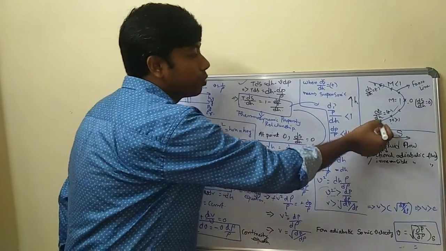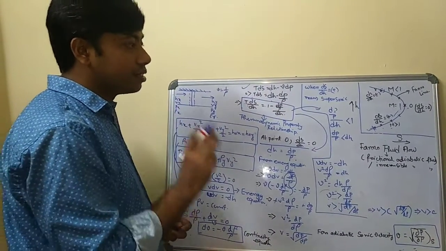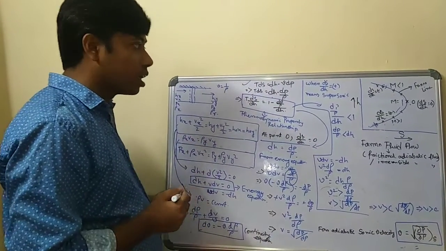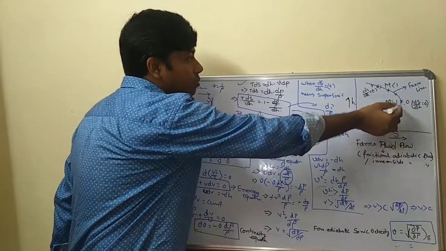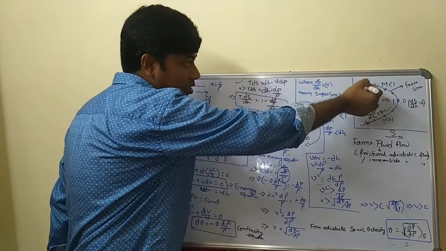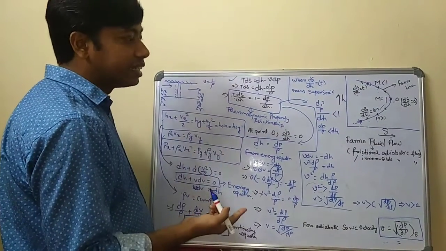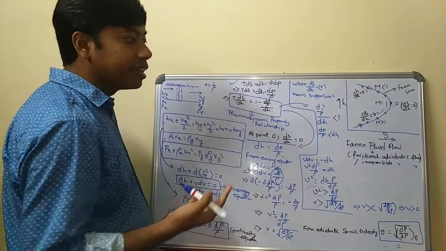When the fluid flow reaches this point, it has reached the sonic velocity. Similarly, when you transform this line, it also gives the sonic velocity term. If you put the condition that ds by dh is negative, then you can get that v is less than a.